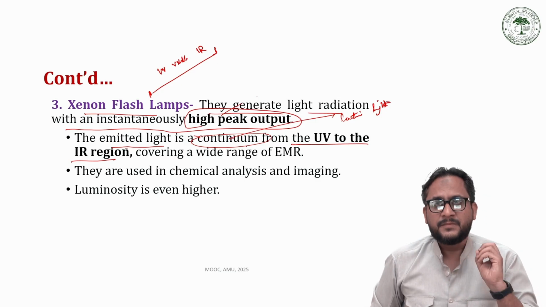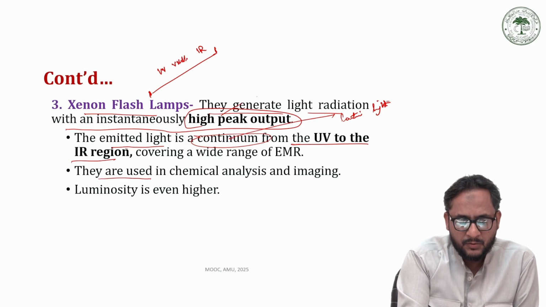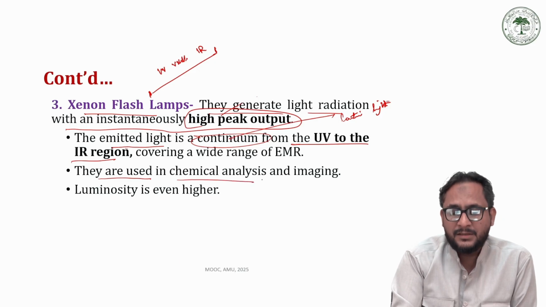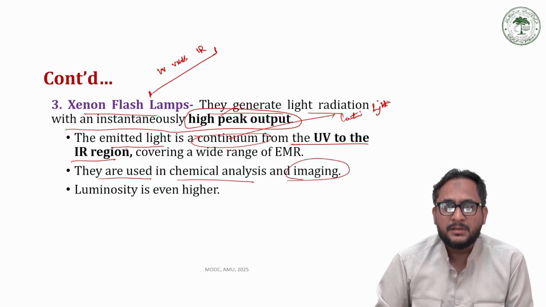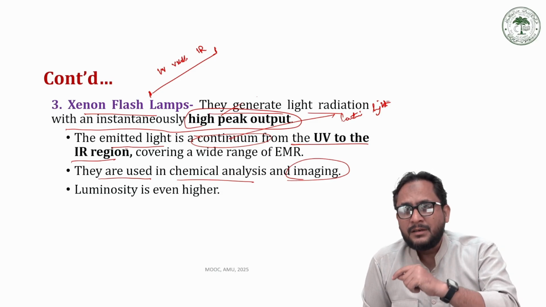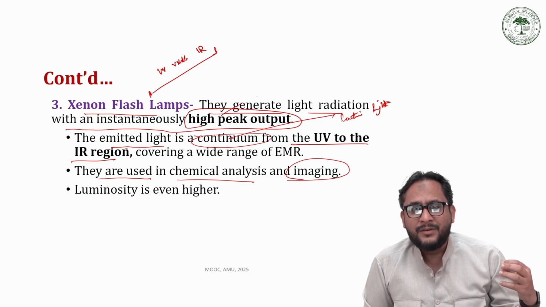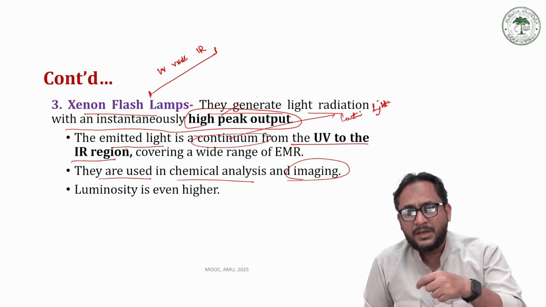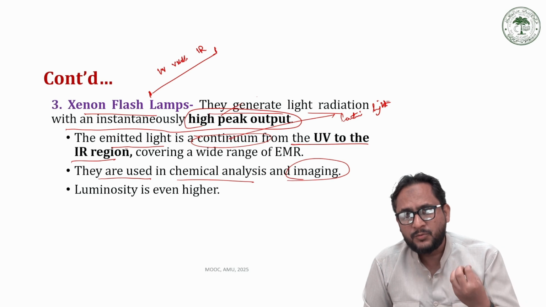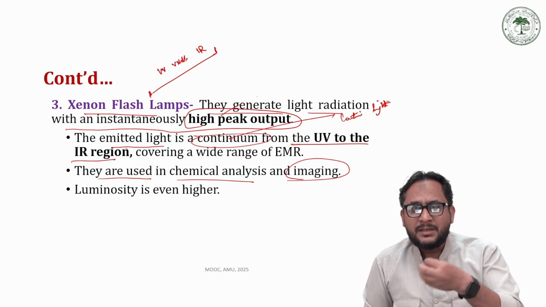Although the light exists for a very short period of time, they are used in chemical analysis as well as imaging. Means when we are studying some biological samples, some live cells, these phenomena can be used when we have some fluorescent compounds that are used as a tag, and we put those tags into the proteins, and then when those proteins are illuminated, when they are seen in the presence of these lamps, they illuminate inside the body in the veins.